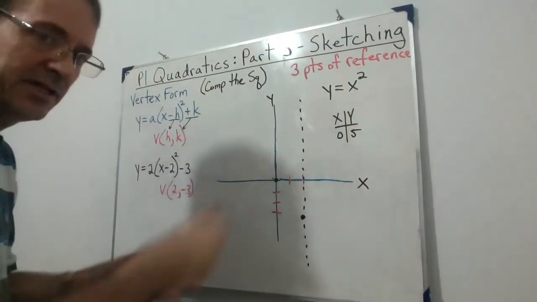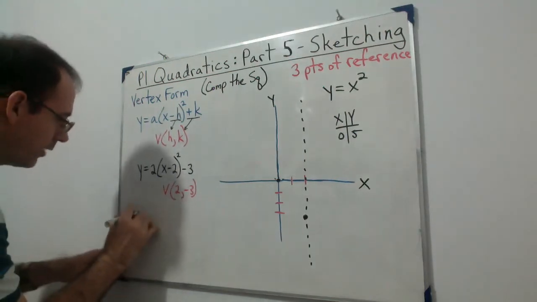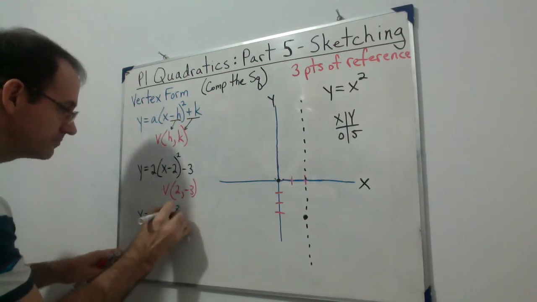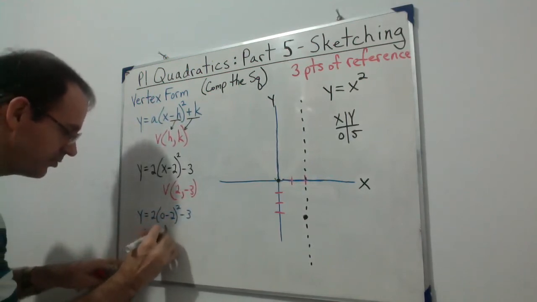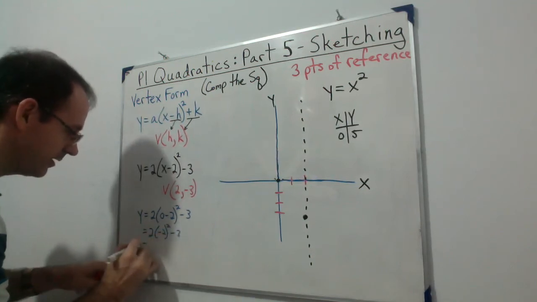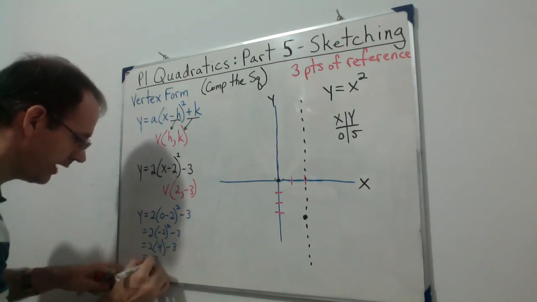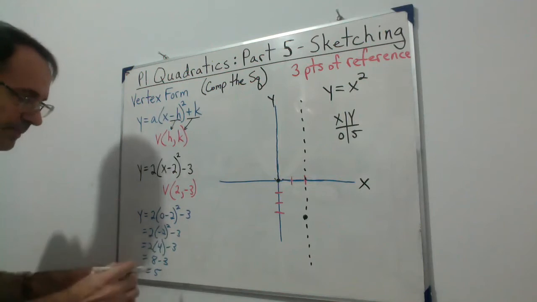And maybe you didn't follow mentally what I just did. I plugged in a 0. This gives you -2 squared. This gives you 4. This gives you 8. And that gives you 5. Okay, I just did it mentally.